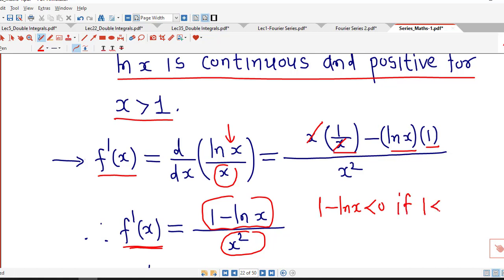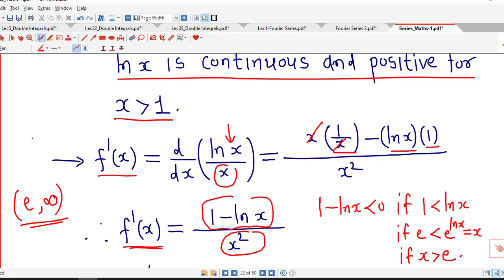That means if 1 is less than log x, that means if e is less than e raised to log x which is equal to x, that is if x is greater than e, function f is decreasing. So our function f is decreasing on the interval [e, infinity).